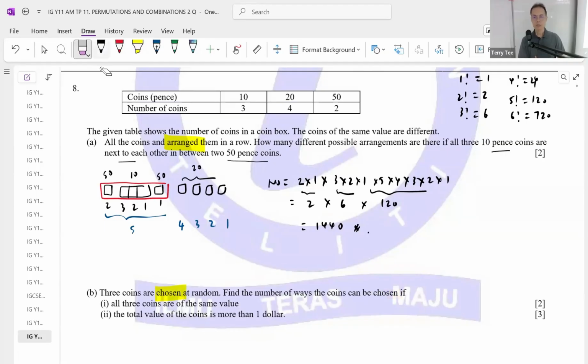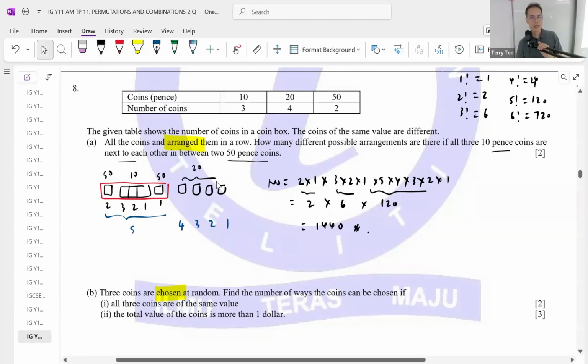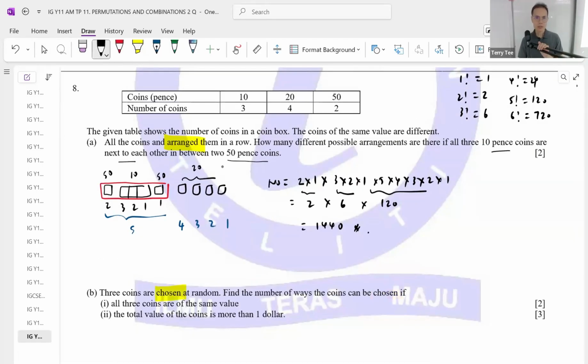So find the different number of ways the coins can be chosen if all 3 coins are of the same value. Okay, so remember, maybe I list out here. Let's talk about 10 pence. You have 10p, I put 3; 20p, I have 4; 50p, I have 2.